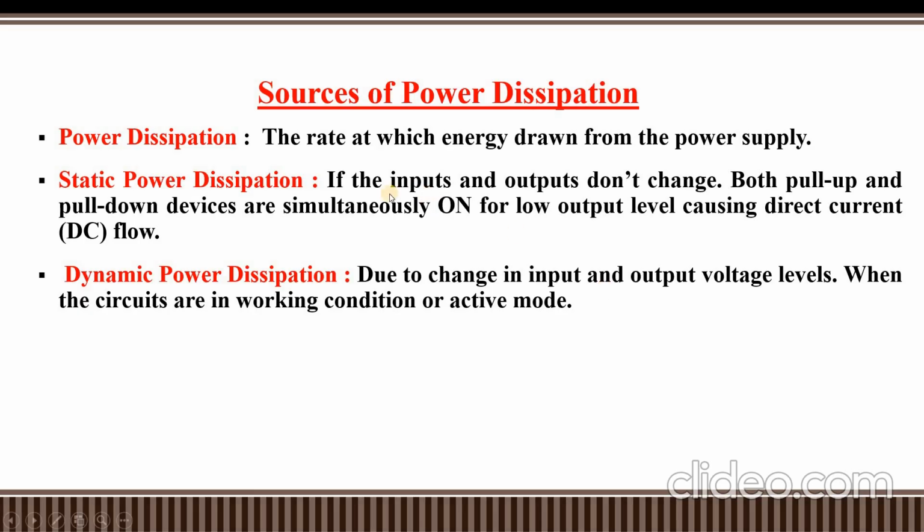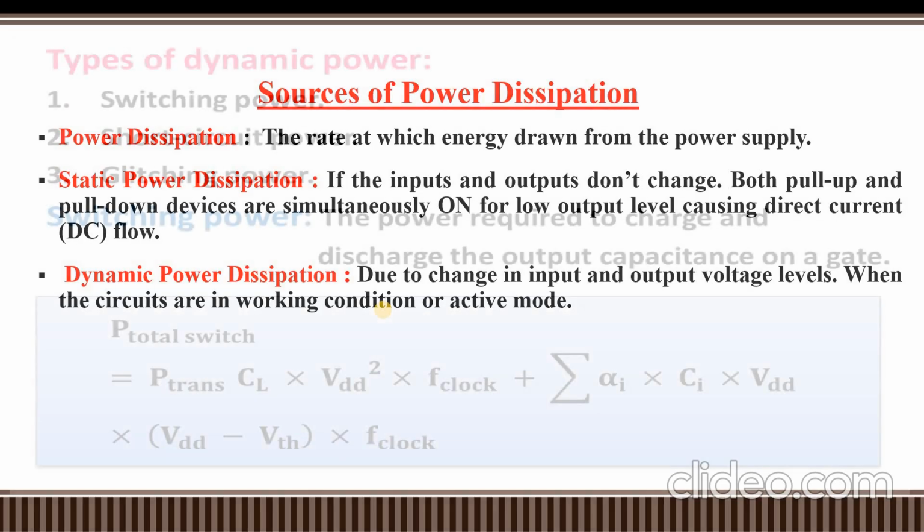Static power dissipation: if inputs and outputs don't change, both pull up and pull down devices are simultaneously on for a low output level, causing DC current to flow. Dynamic power dissipation is due to change in input and output voltage levels. It occurs when the circuits are in active working condition. These are the main sources of power dissipation.